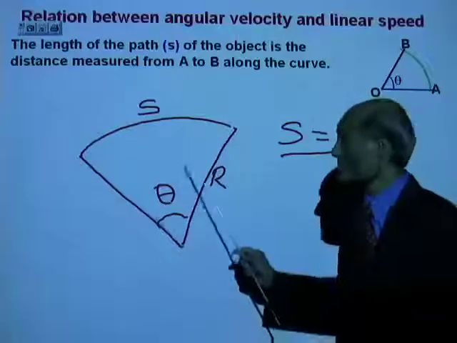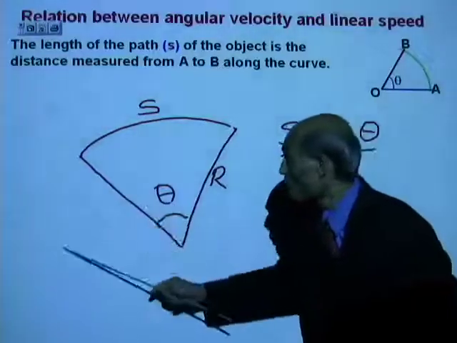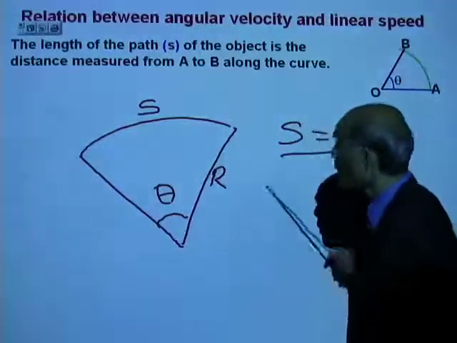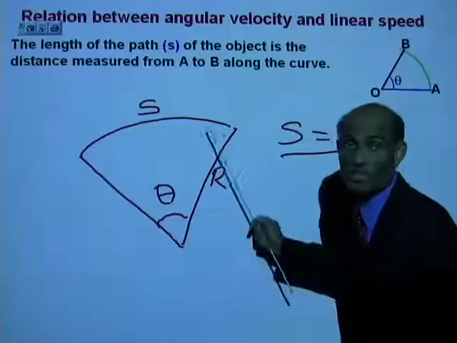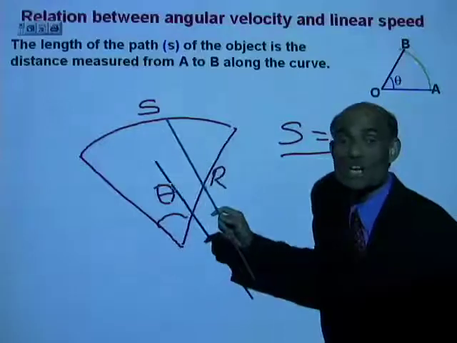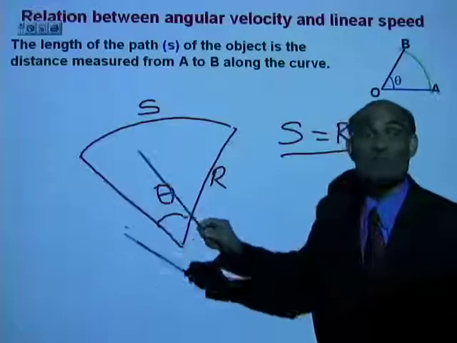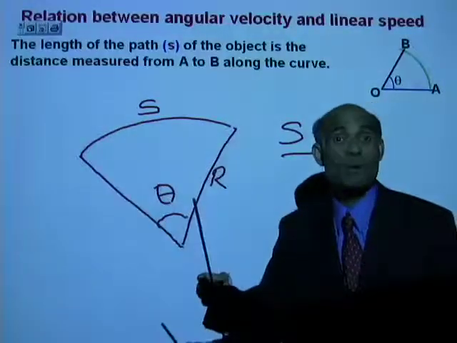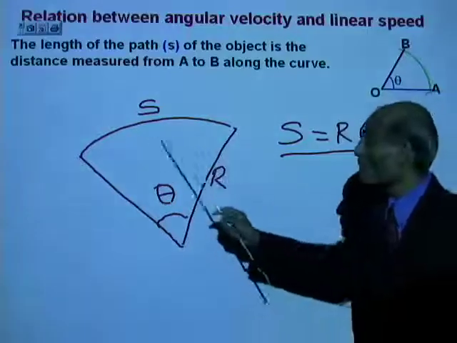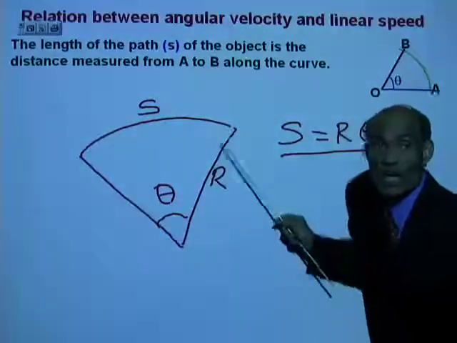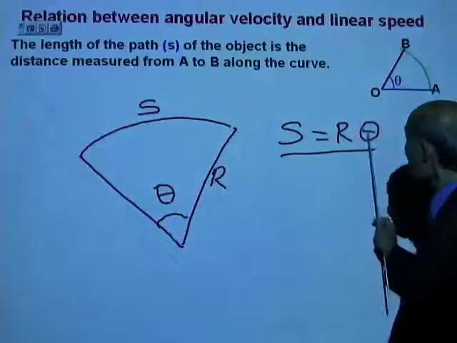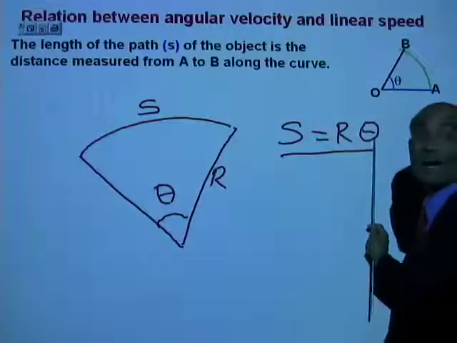Well, tell me, what is the formula for the circumference of a circle? I'm sure most of you know. The circumference of a circle is 2 pi times the radius. Why is it 2 pi times the radius? Because when the circle is a full circle, the angle of the full circle, that theta, is 2 pi.